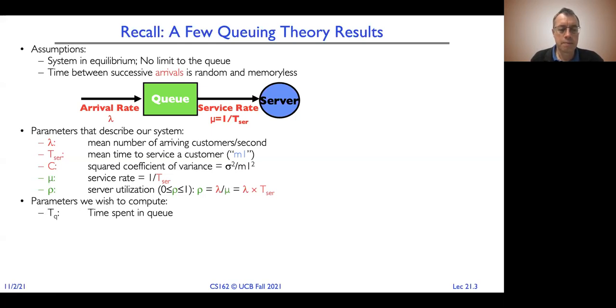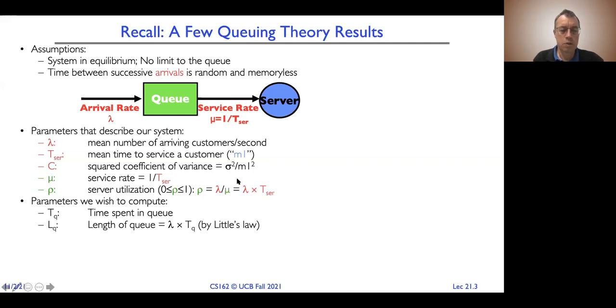And then the parameter you want to compute is the time you spend in the queue, right? We know how long it takes a request to be served, so it's T serve. So now we need to understand how long a request is going to spend in the queue. By adding the two, the service time and the queuing time, we know how much time a request spent in the entire system, which is what matters from the user perspective.